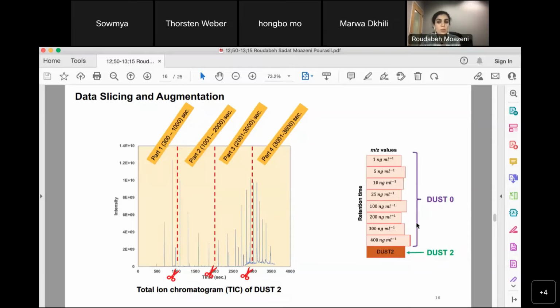However, for dust 2, we had just one data set because of sample limitation. We had just one extraction from the dust 2 sample. Please go to the next slide.